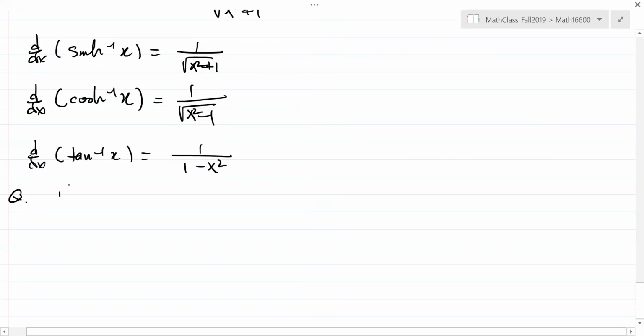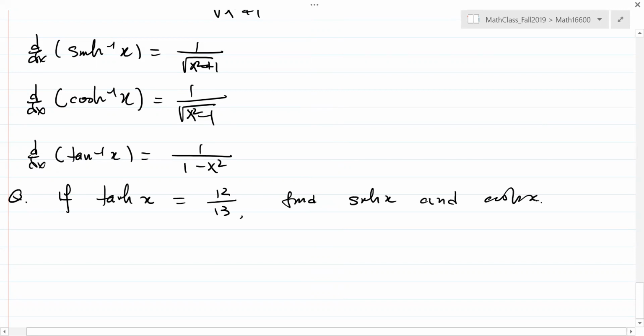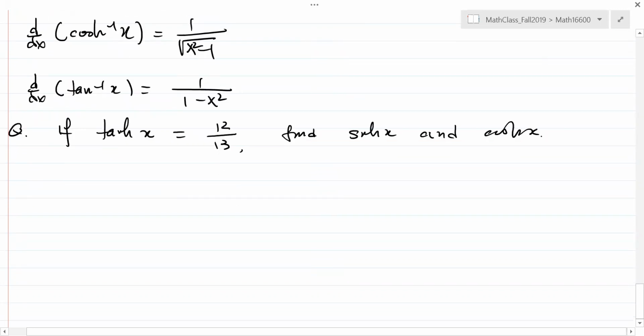So if hyperbolic tangent x equals 12 over 13, find the value for hyperbolic sine x and hyperbolic cosine x. All right, how do we do that?